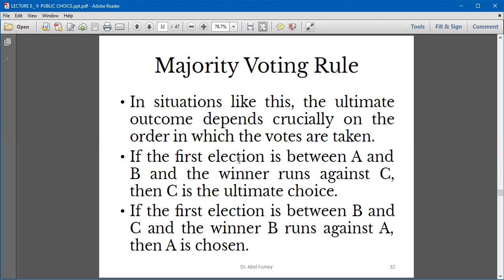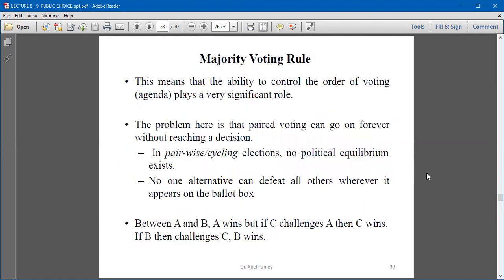When the first election was between A and B, C wins. Now, if it's between B and C as the first election, then A wins. That's why we are saying that when you have the paradox, the ultimate choice will crucially depend on the order of the election.